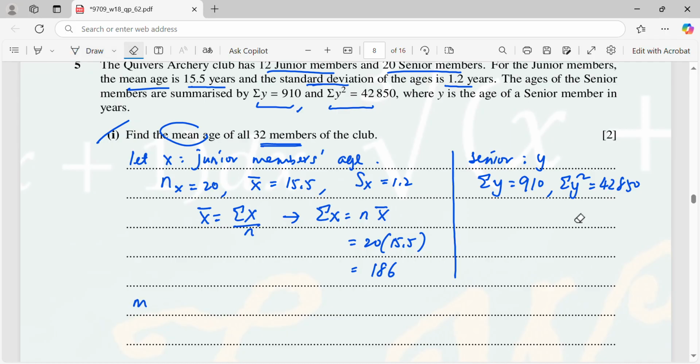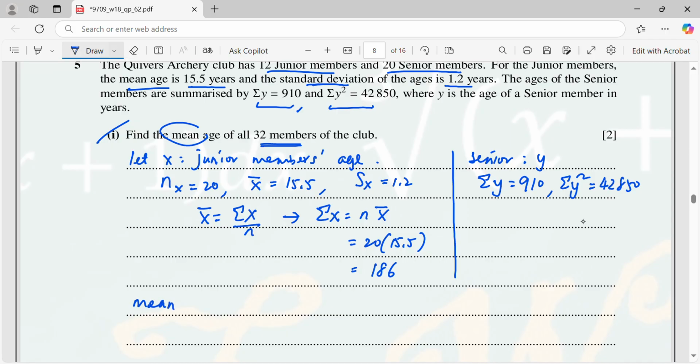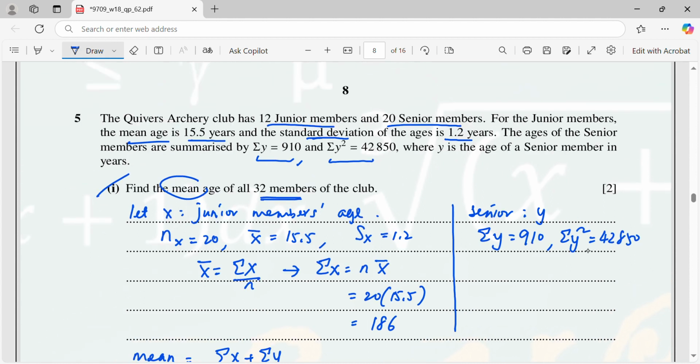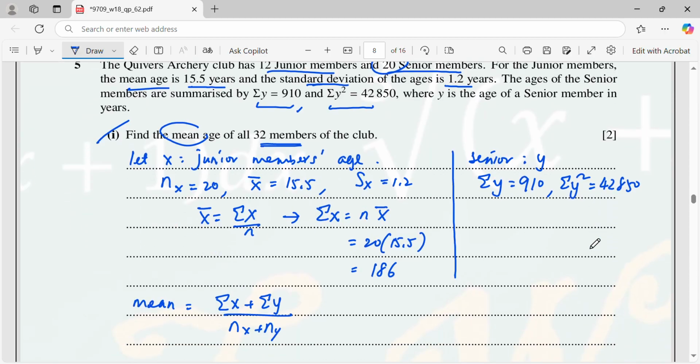So that means now the mean age for the total members is summation x plus summation y over nx plus ny. So my ny is 20 because it's mentioned here, 20. So this is going to be 186 plus 910 over 32.